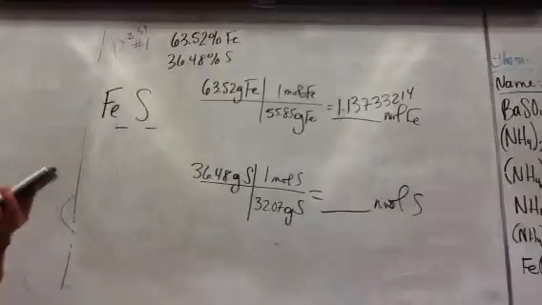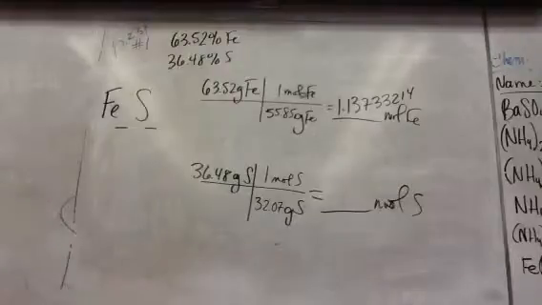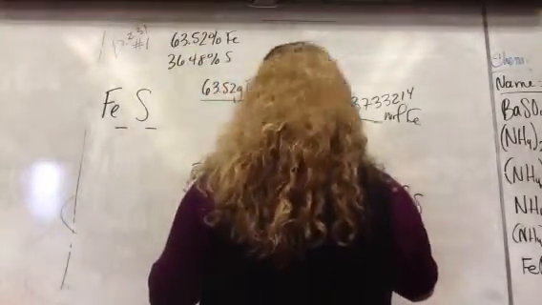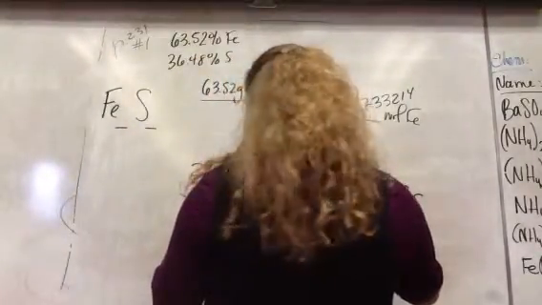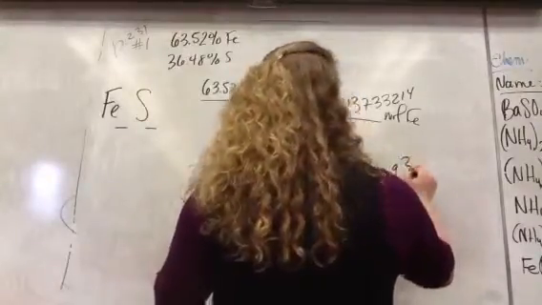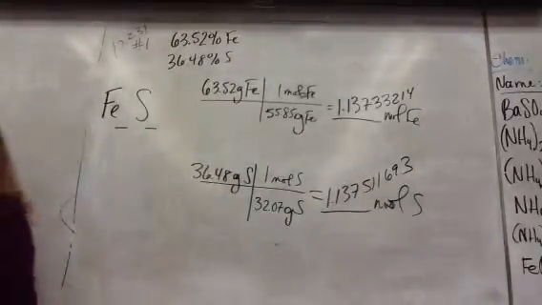Figure out how many moles of sulfur we're working with here. Somebody in brown or white? 1.137511693. Okay. So we know how many moles of each of these things we have.